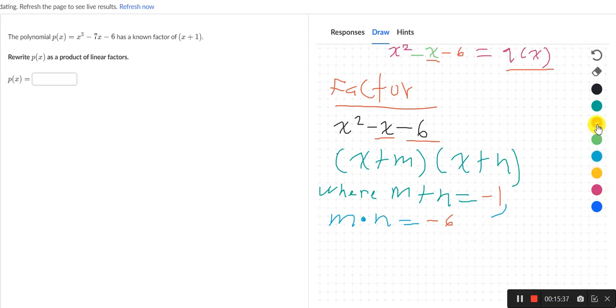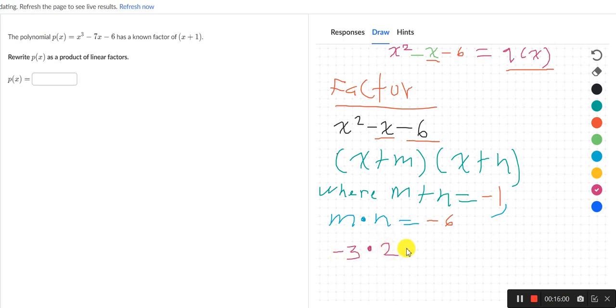Well, that's easy because those numbers are, I'm sorry, not 5, those numbers are negative 3 times 2.